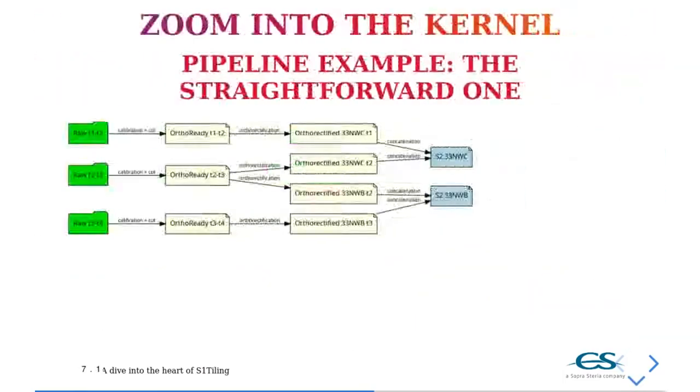If I look at two typical pipelines, the first pipeline, given my inputs, there are Sentinel-1 SAR files, I will prepare them for the ortho-rectification. This means we have ortho-ready files. The files that are ortho-ready have been cut and calibrated.